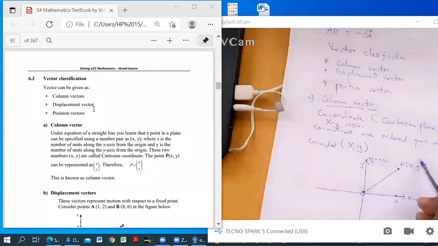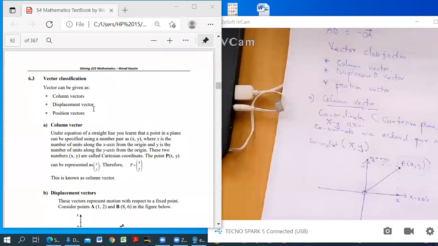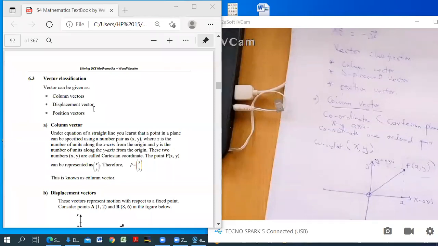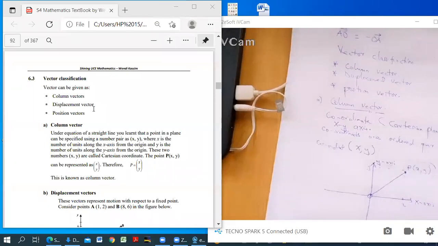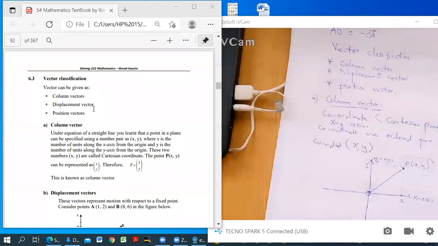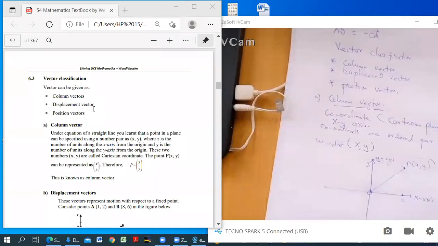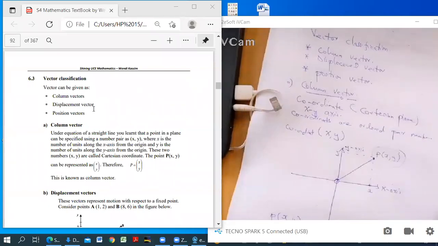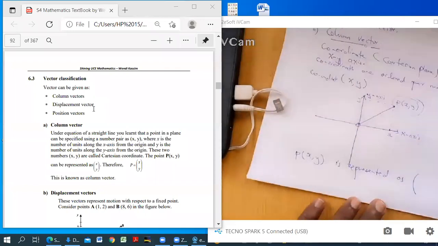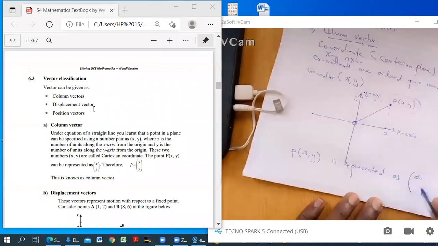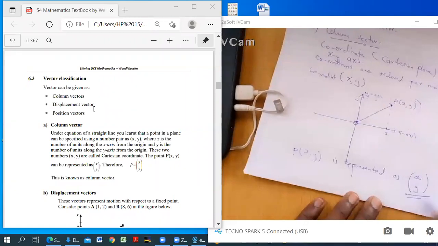This one is in coordinate form. But now how can I change these coordinates into a column vector? So we can say P, which is (X, Y), is represented as X over Y, stacked in a column.